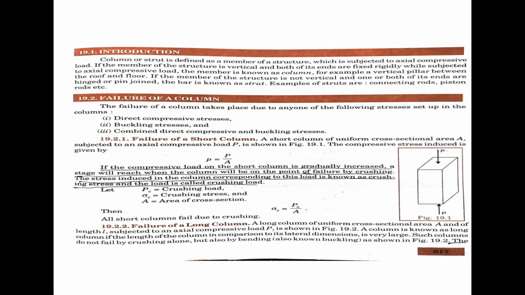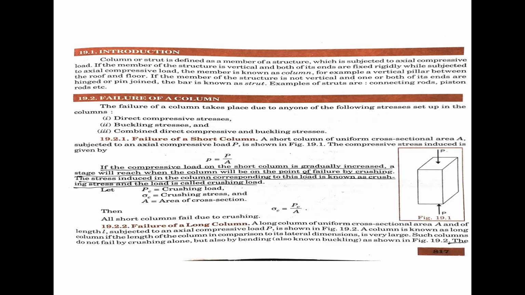If the compressive load on the short column is gradually increased, a stage will be reached when the column is on the point of failure by crushing. The stress induced in the column corresponding to this load is known as the crushing stress, and the load is called the crushing load.